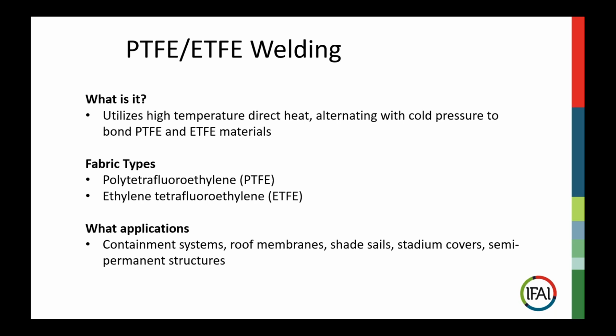Well, there is a way, and in the past, only sewing was used, but now there's a commercially available machine that uses very high temperature with direct heat and alternating cold pressure to bond the PTFE and ETFE materials. The operating temperature of this welder is about 600 degrees Fahrenheit, and the cycle times are actually pretty production worthy.